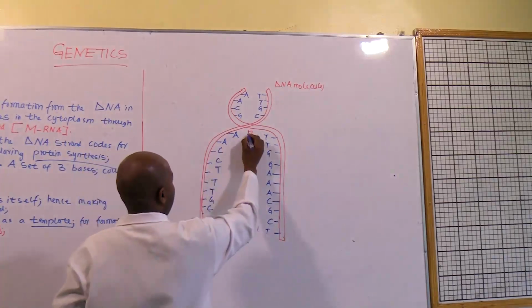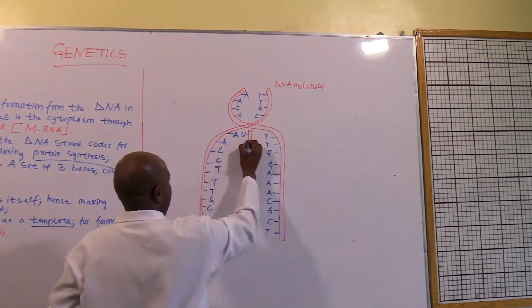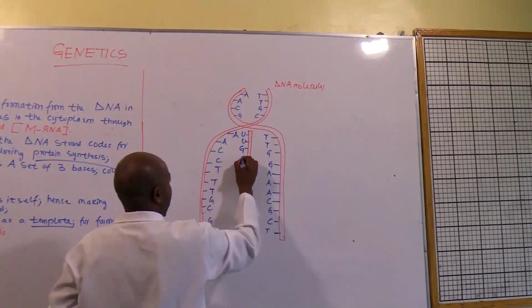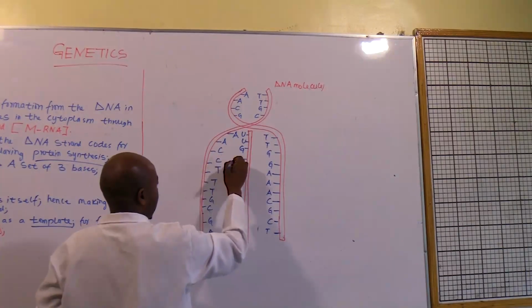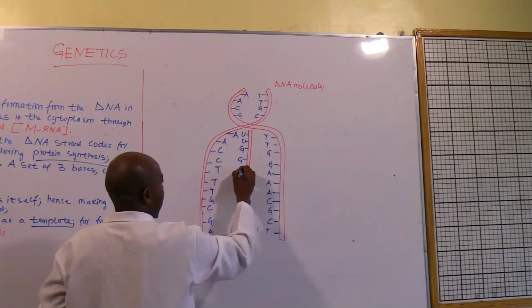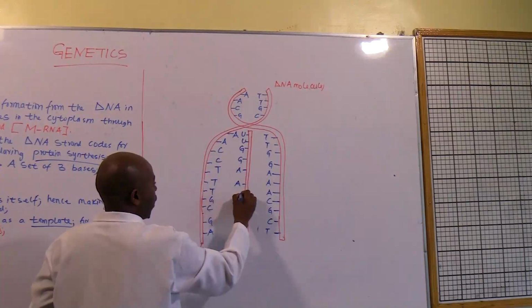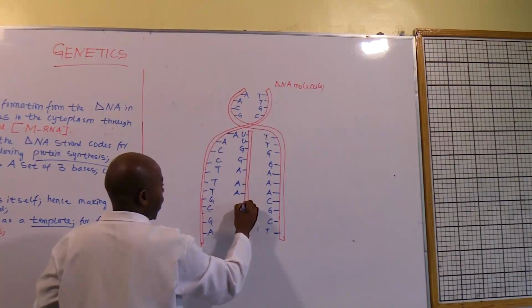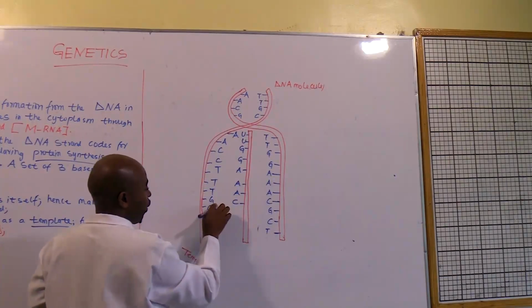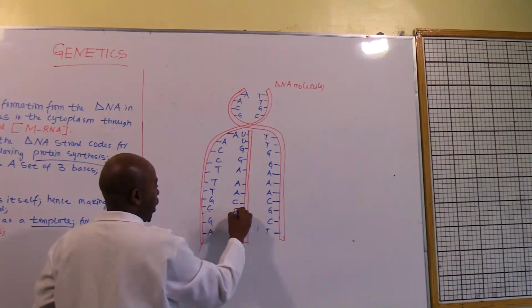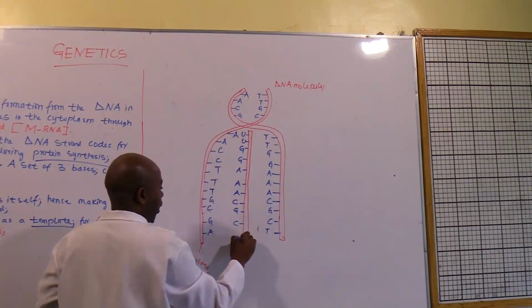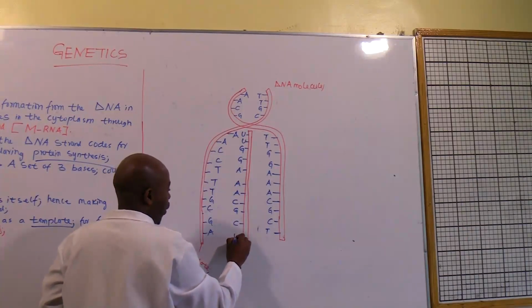So here we shall have uracil, here we shall have another uracil. Of course, guanine will remain. Cytosine pairs with guanine. Then thymine pairs with adenine. Here we have cytosine because here we have guanine. And then here we have guanine, we have cytosine, and lastly we have uracil.